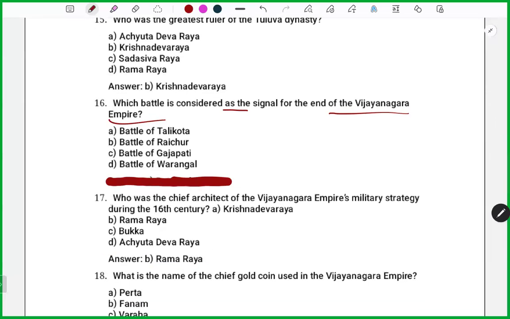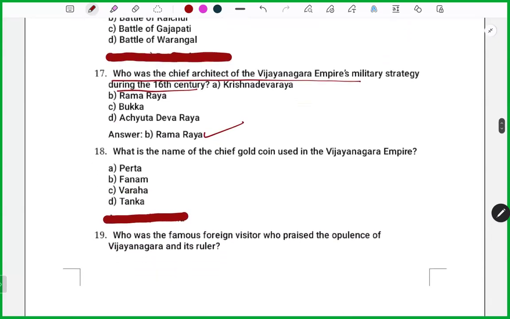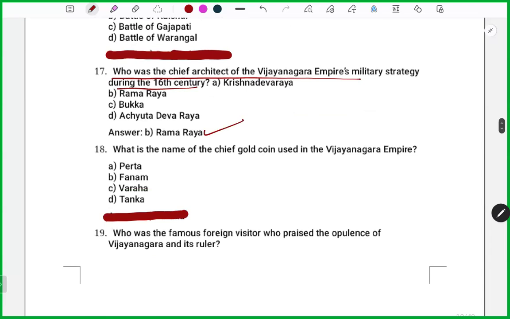So, who was the chief architect of the Vijayanagar Empire's military strategy during the 16th century? It was a famous general we have studied now. And what is the name of the chief gold coin used in the Vijayanagar Empire?